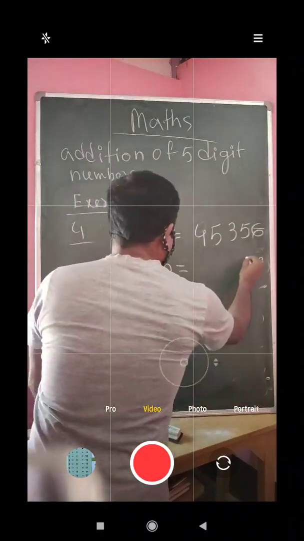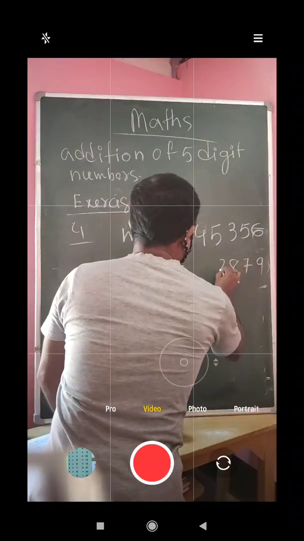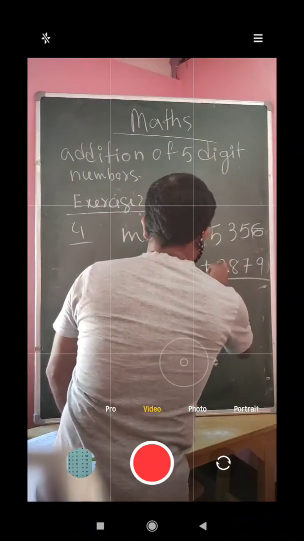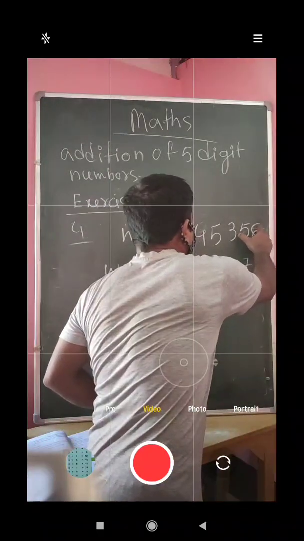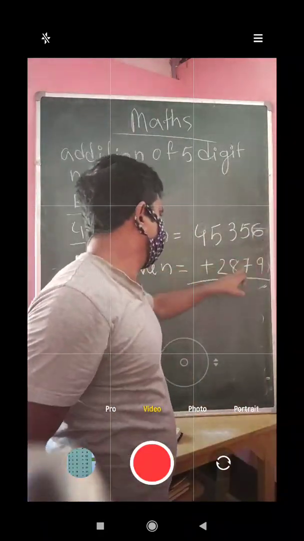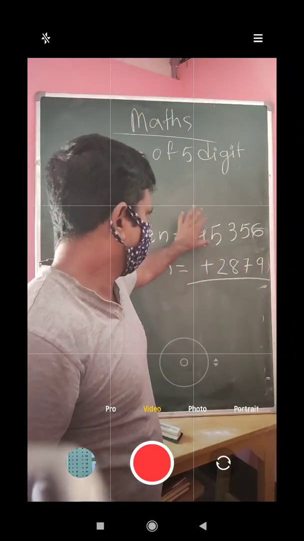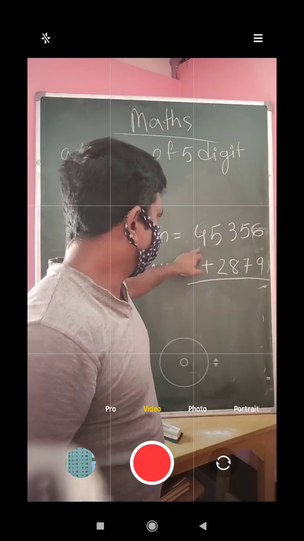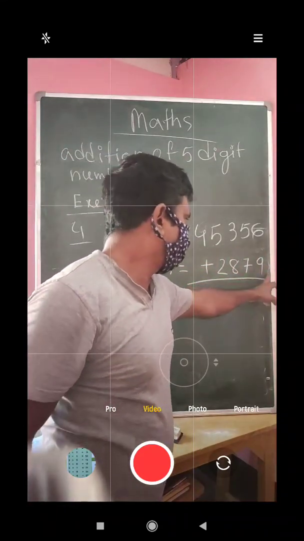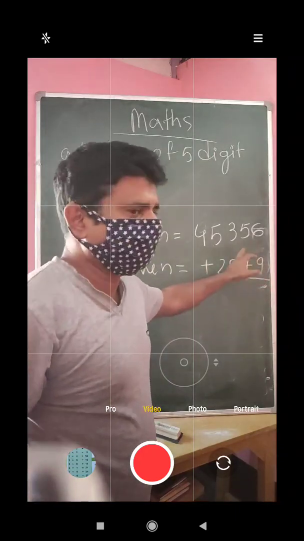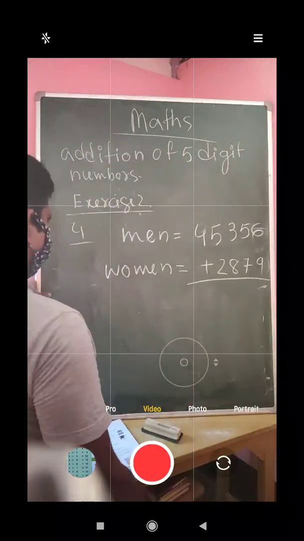Here you notice one thing. This is your 5-digit number and this is your 4-digit number. So whenever you write 4-digit, means lesser number. Okay, 5-digit and 4-digit. So first you write the 5-digit number. After that you write the 4-digit number. You start from the right side so that it will not mingle. So now let us add as we were doing.